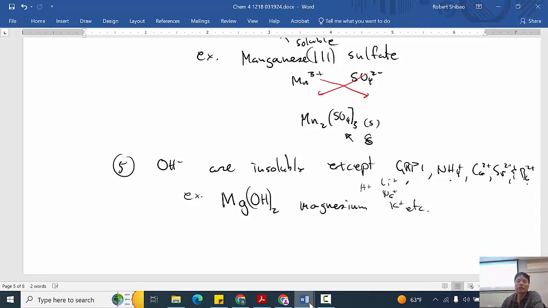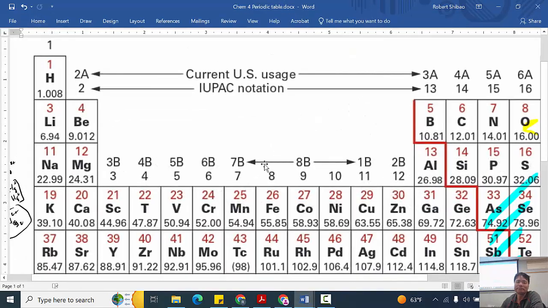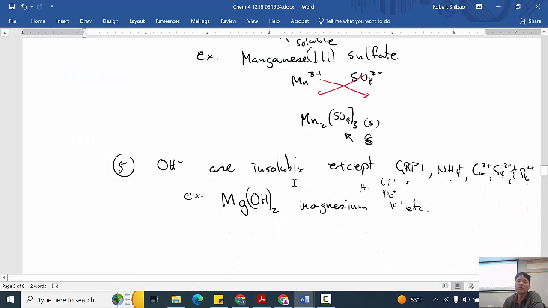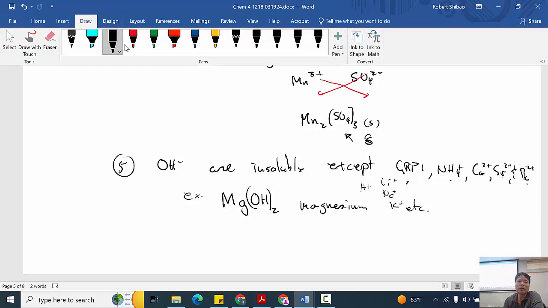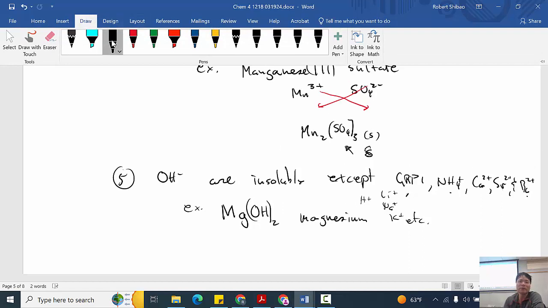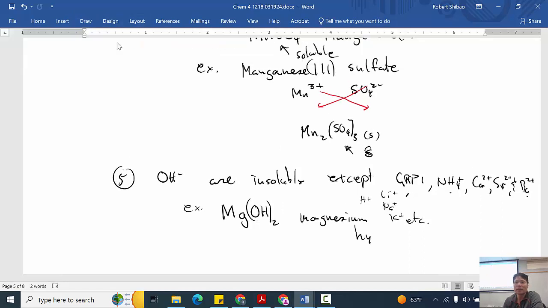All right, what are the common charges for magnesium? Element number 12. Is it fixed charge or variable charge? It's fixed charge. If it's fixed charge, we don't have to write a Roman numeral. We just call it magnesium, because we're not going to get it mixed up. There's only one charge for magnesium, and this would be called magnesium hydroxide.